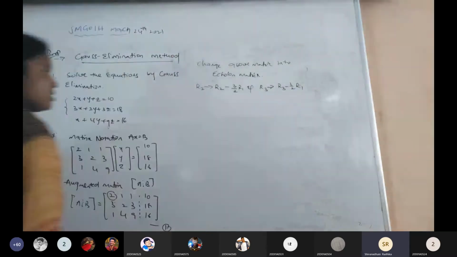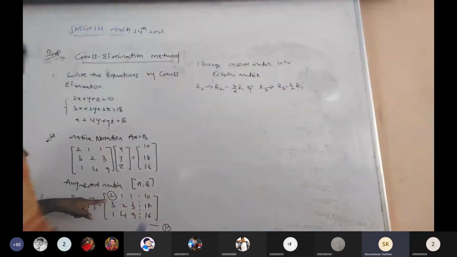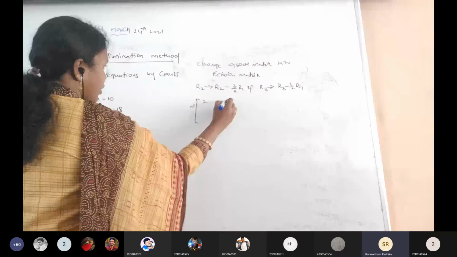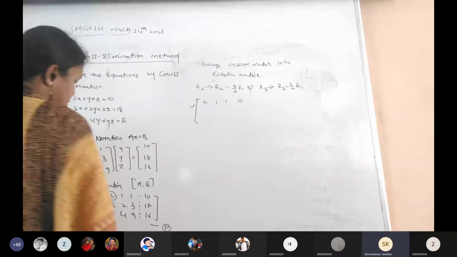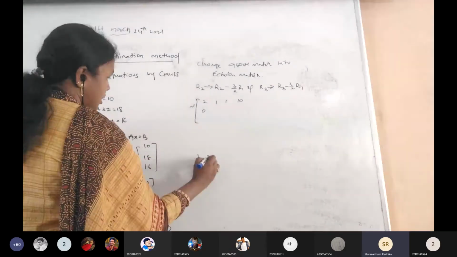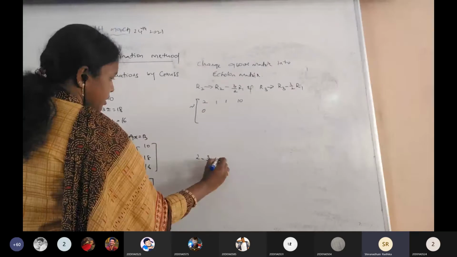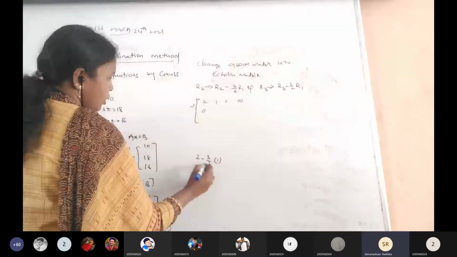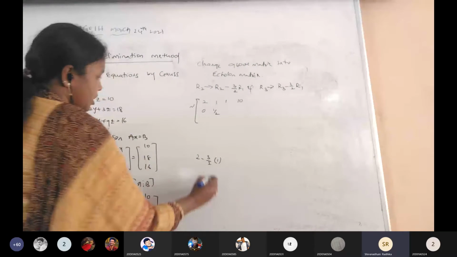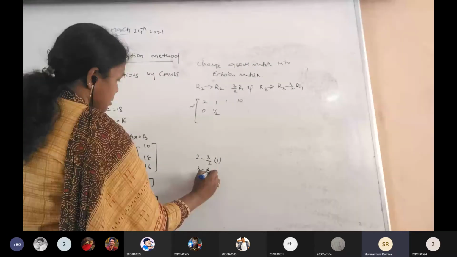Is it clear? Now, the first row of the reduced augmented matrix is 2, 1, 1, 10. The second row is what? R2 minus 3 by 2 R1. This is a 0. Here 2 minus 3 by 2 into the corresponding element 1. 4 minus 3, 1 by 2. Again 3 minus 3 by 2 into 1, 6 minus 3, 3 by 2.